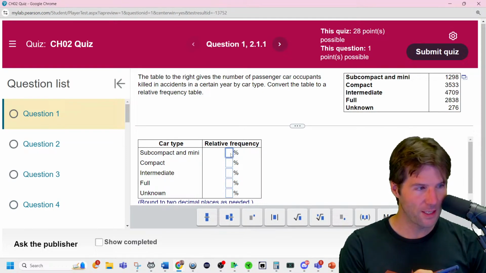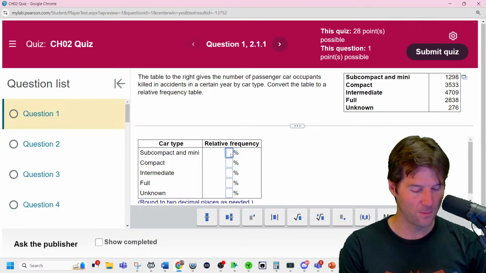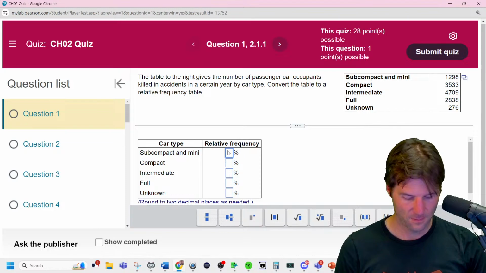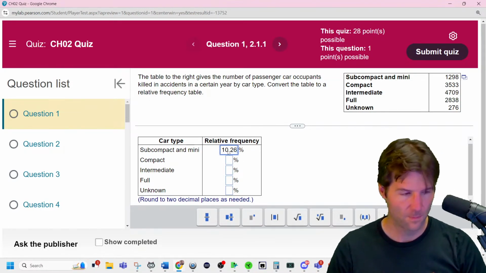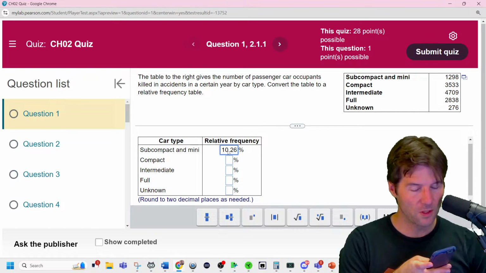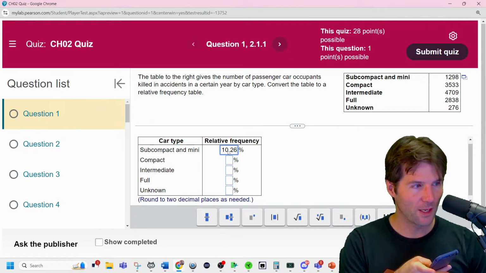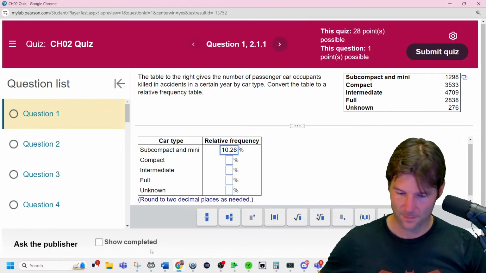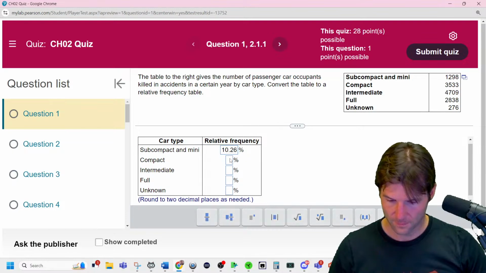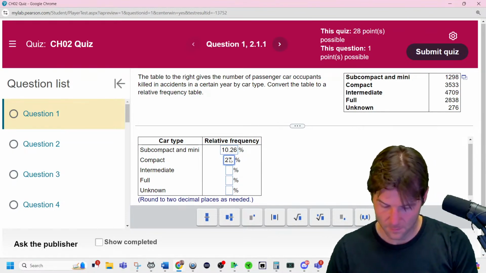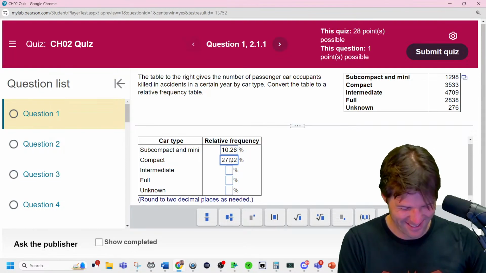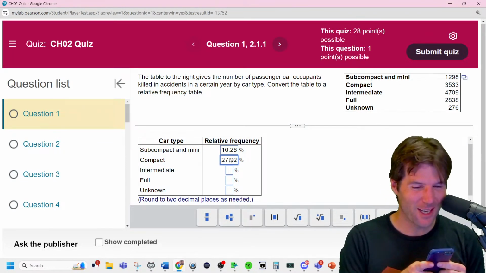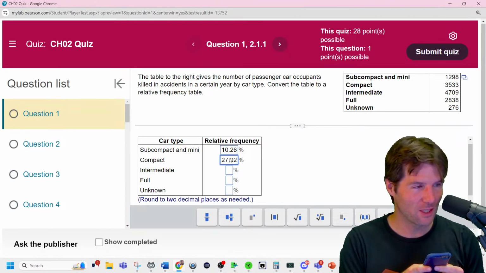What is 1298 divided by 12,654? The answer is approximately 0.1026. What is 3,533 divided by 12,654? The answer is 0.2792. What is 4,709 divided by 12,654?